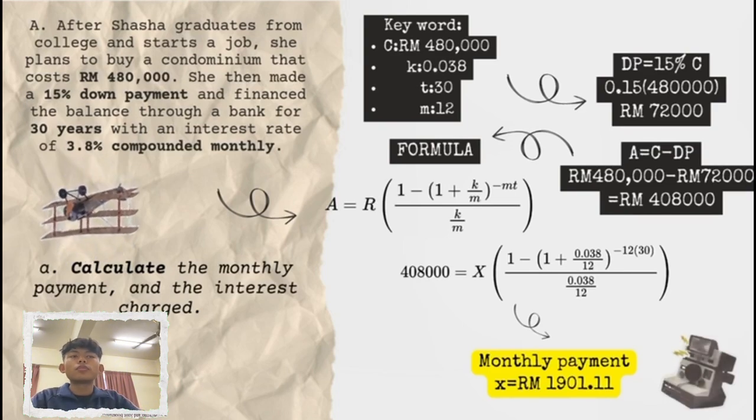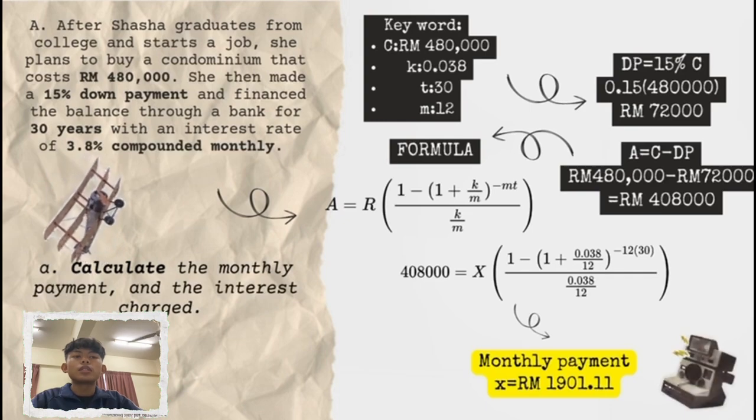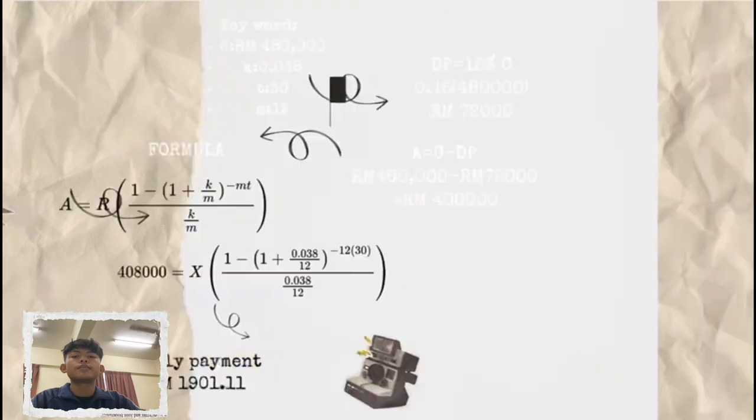After that, we use the formula A equal to C minus down payment, 480,000 ringgit minus 72,000, and we get the answer. And then we use the formula A equal to R, 1 minus 1 plus K over M to the power negative MT over K over M. Then we get the monthly payment, which is 1,901 ringgit 11 cents.